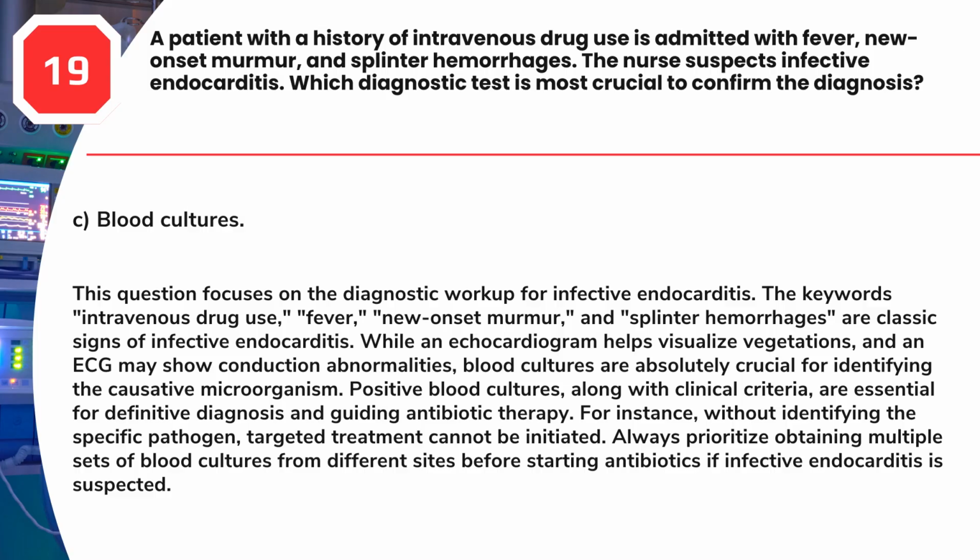Positive blood cultures, along with clinical criteria, are essential for definitive diagnosis and guiding antibiotic therapy. For instance, without identifying the specific pathogen, targeted treatment cannot be initiated. Always prioritize obtaining multiple sets of blood cultures from different sites before starting antibiotics if infective endocarditis is suspected.